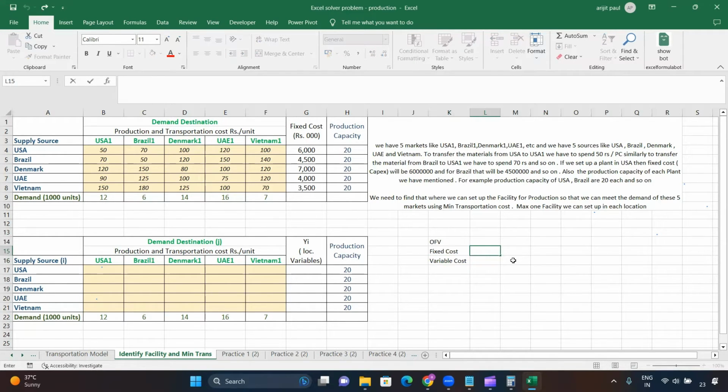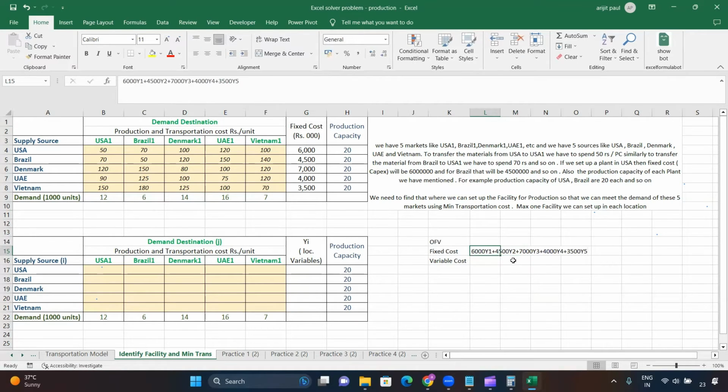For fixed cost, it is 6 million Y1 plus 4.5 million Y2 plus 7,000 Y3 plus 4,000 Y4 plus 1,500 Y5.